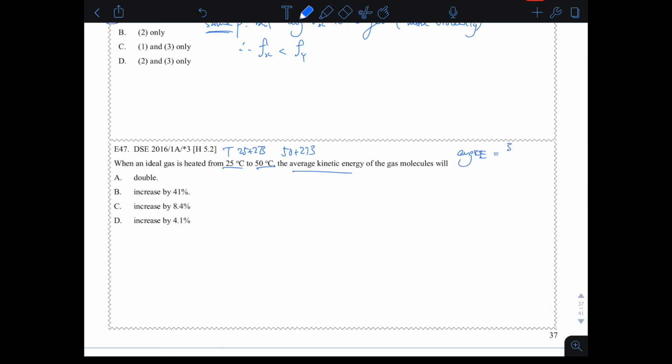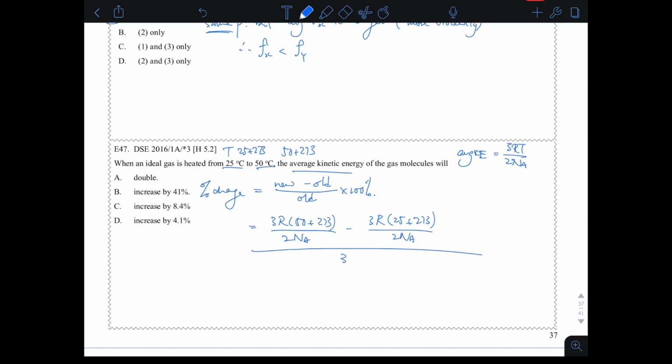You know that average KE has the equation 3RT over 2NA here, then the percentage change is calculated by new minus old over old times 100%, so the new average KE will be 3R new temperature over 2NA minus the old one, which is a smaller temperature, over the old one, times 100%.